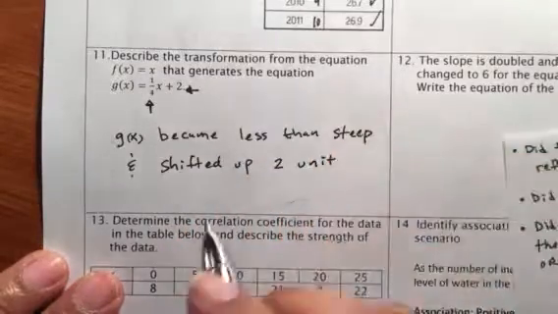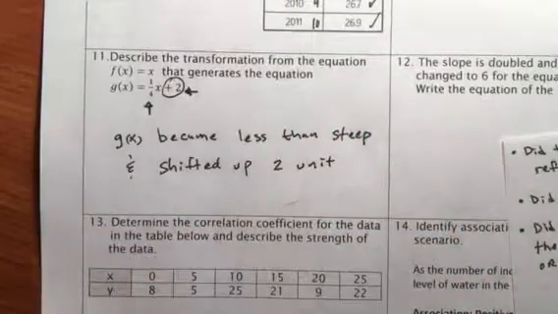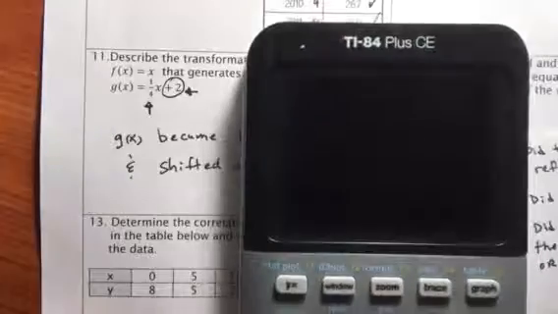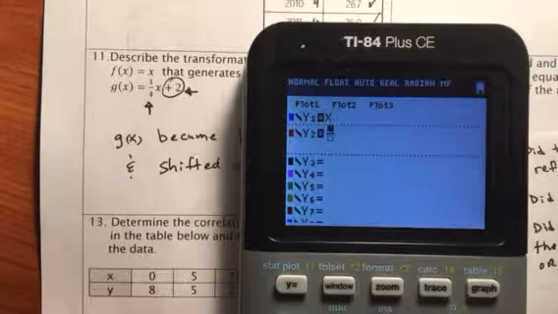And how do I know that it shifted up? Because it added 2. Okay, and just in case, because I'm not going to tell you not to use your calculator, you can check it in the calculator and you can see clearly that these two things are true.